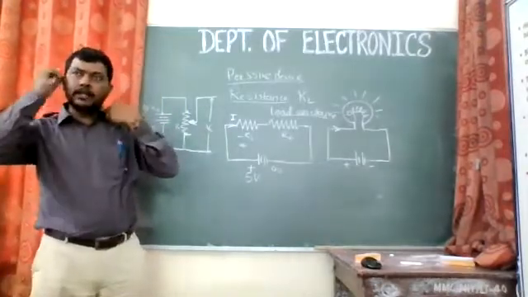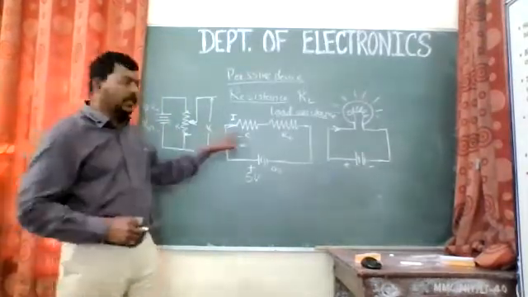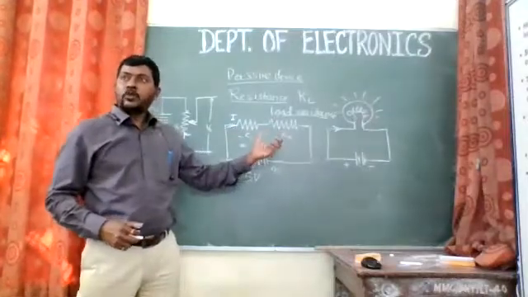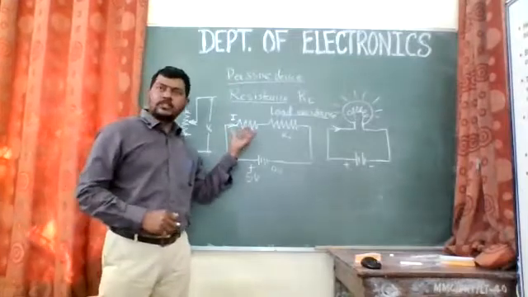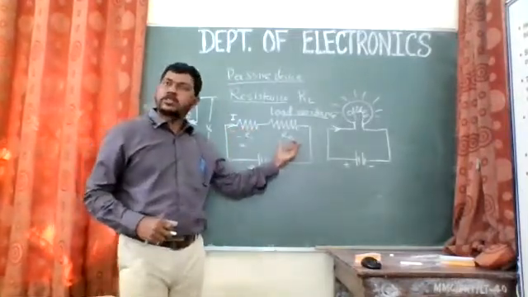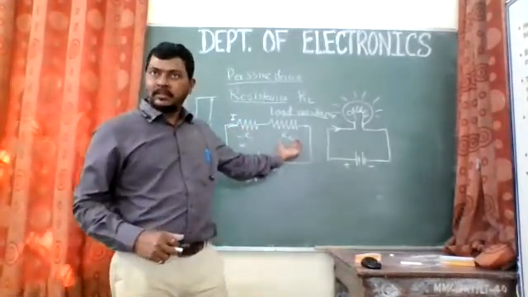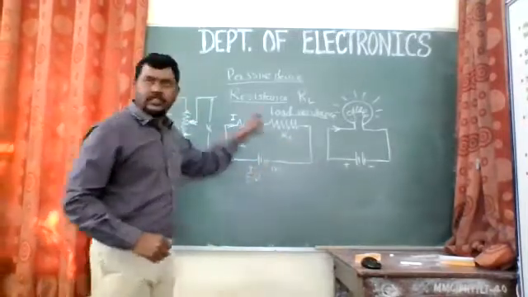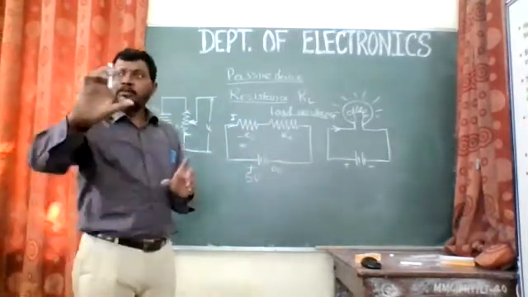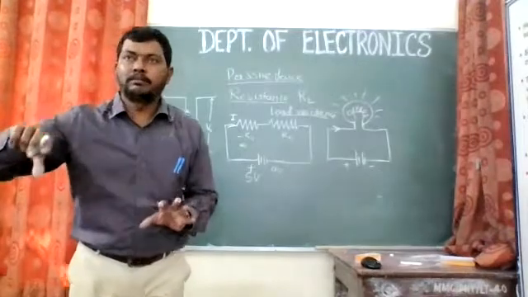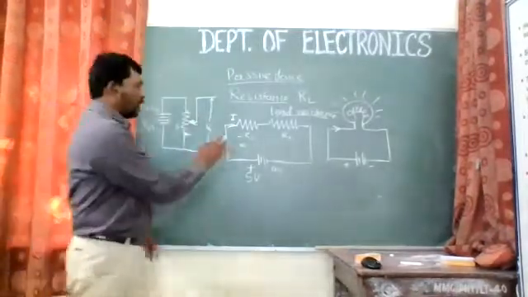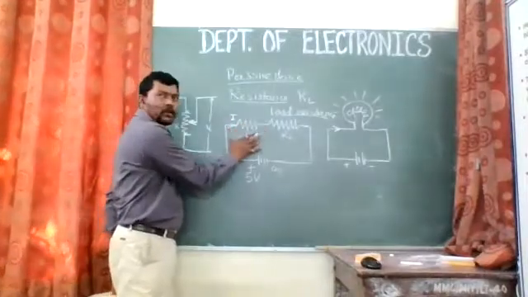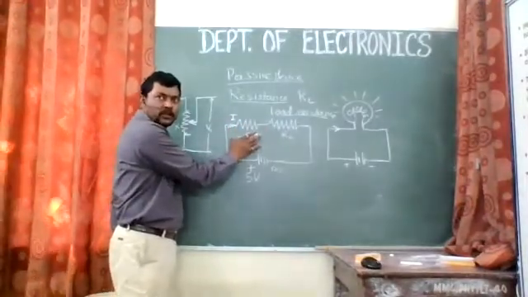But while measuring the voltage, across whichever resistance you are supposed to measure, you can measure voltage across this resistance also. You can measure voltage across this resistance also, right? So actually they are in series. But while measuring, we have to measure it in parallel. Okay. So what I will do, I will connect a voltmeter across this resistance to measure the voltage across this.